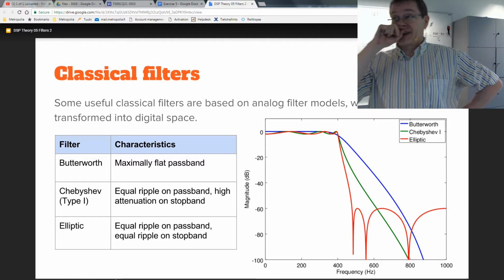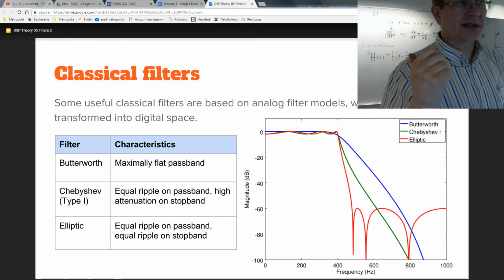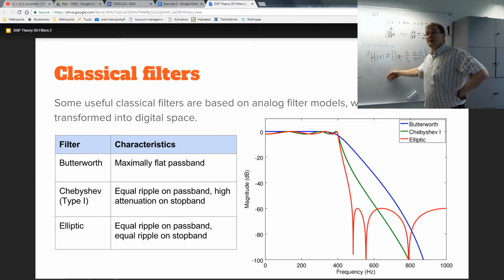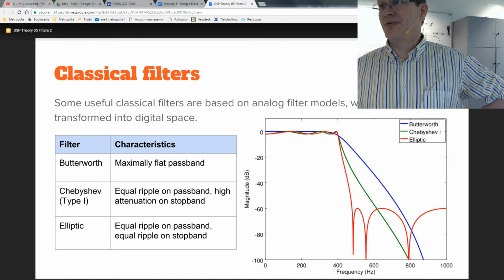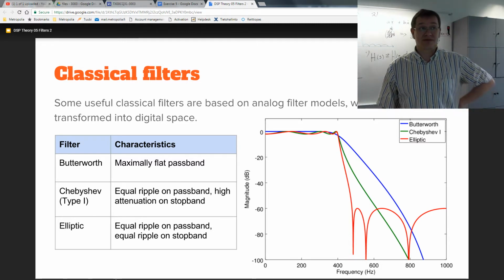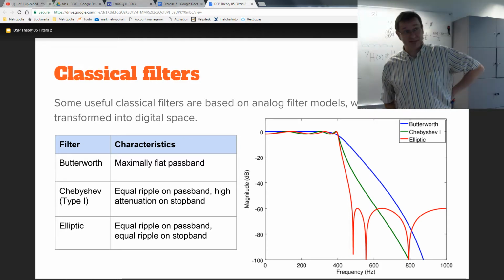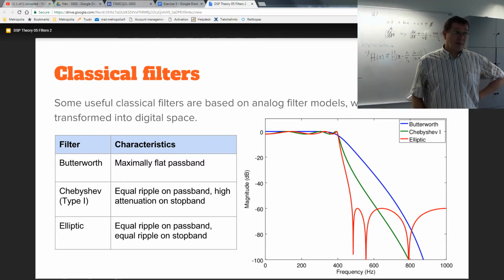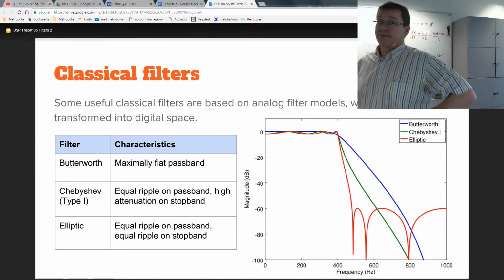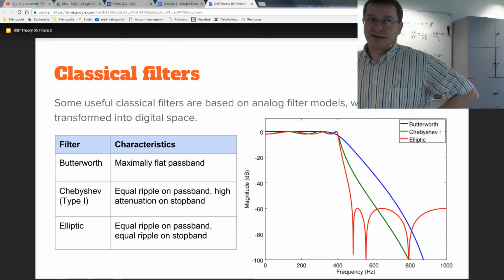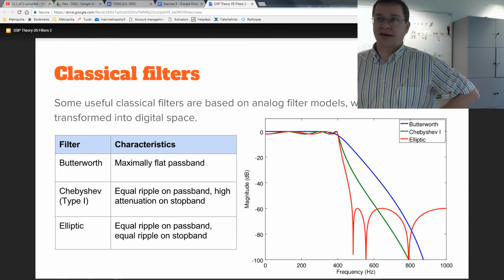The classical filters. I mentioned the classical filters on this bilinear transformation. Fundamentally, those three filters are the most used filters. There's also the fourth one, which is the Bessel filter. It has a nearly linear phase response, but when you do the bilinear transformation, it's nothing like that anymore.